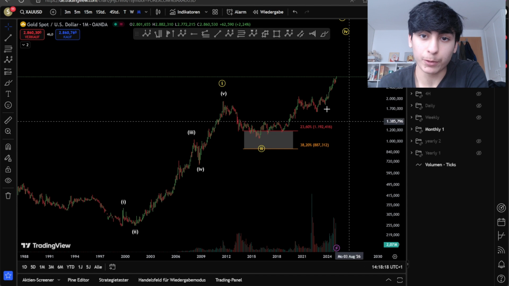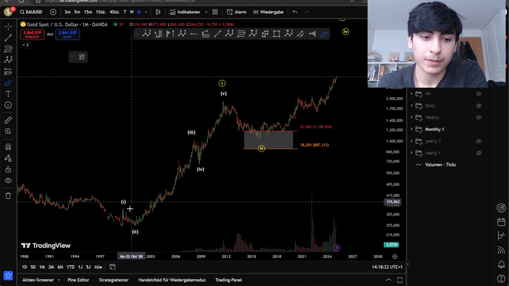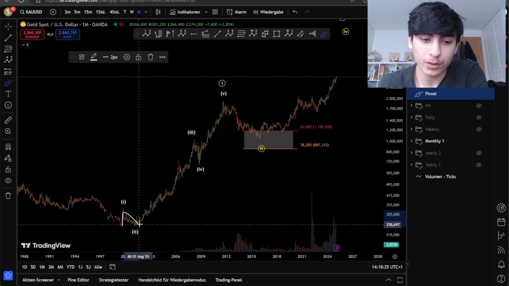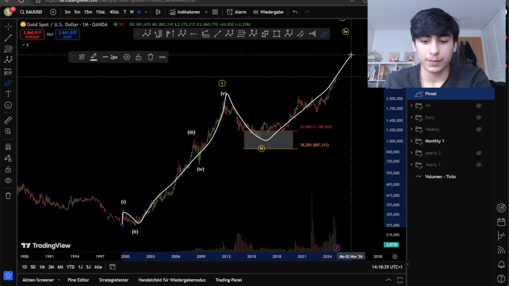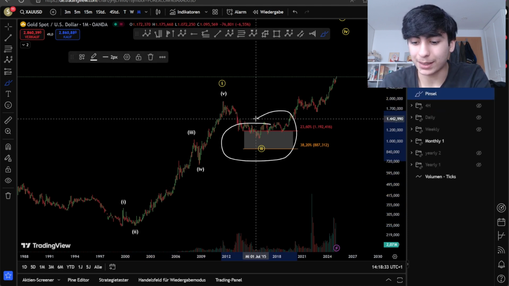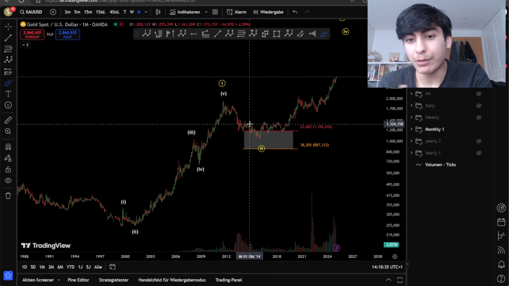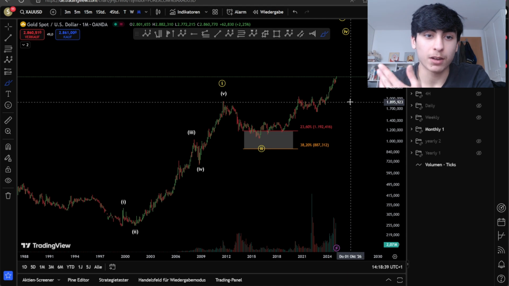The alternative scenario, which I don't have on the charts right now because I don't think it's relevant, is counting this as the 1, 2, 3, 4, 5. So this is a scenario where this is not the wave 2 but the wave 4, and we're looking to end all of the bullish structures much faster.